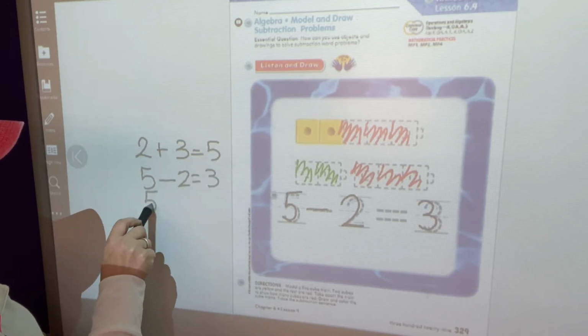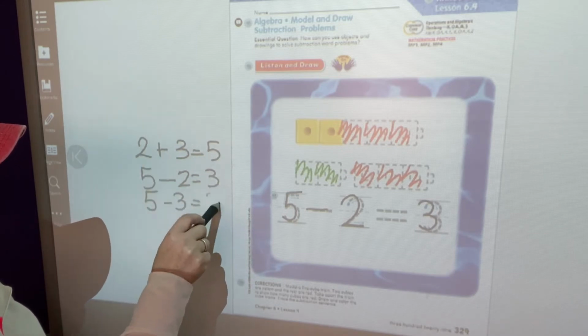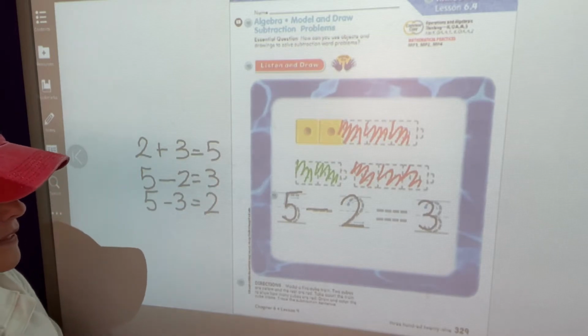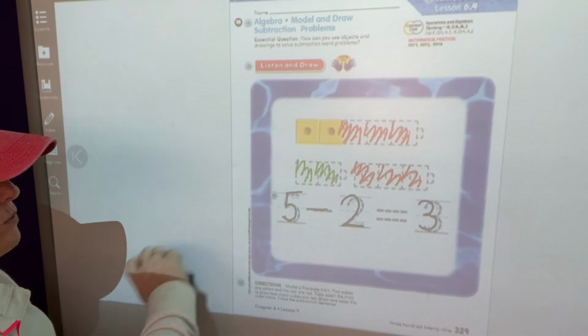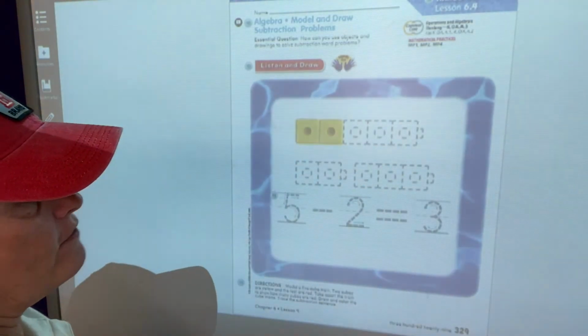And we could also do 5, take away this other number, 3, and it would give us this number, equals 2. Okay? So lots of information there. Some of you are ready for that information, some of you are not. So let's go ahead and move on. You'll get the idea if I've confused you a little bit.